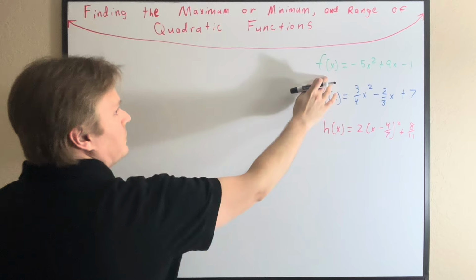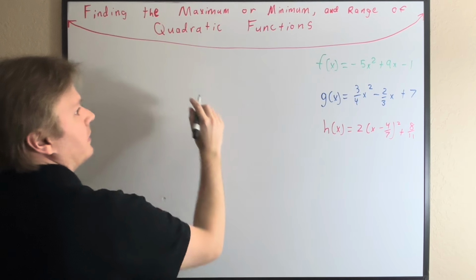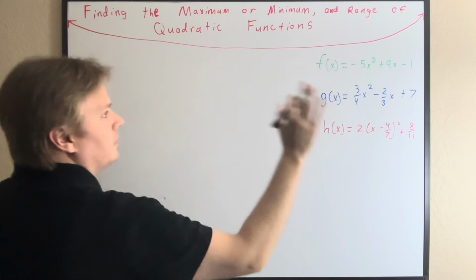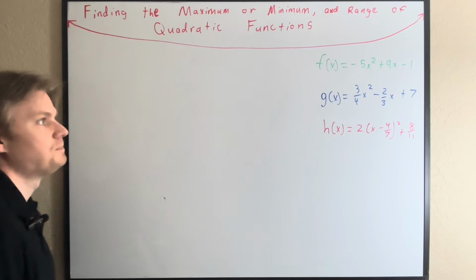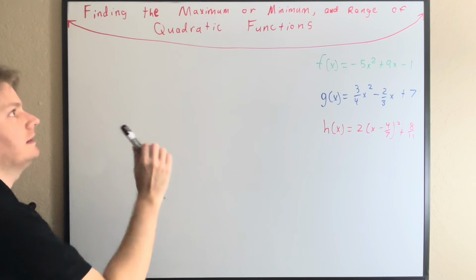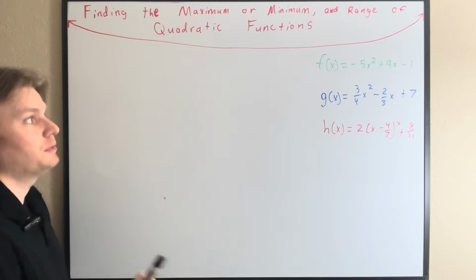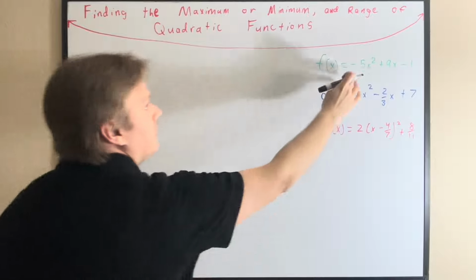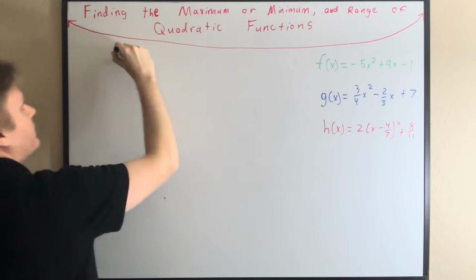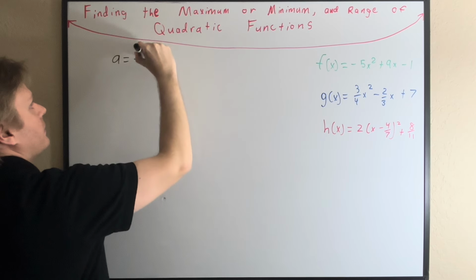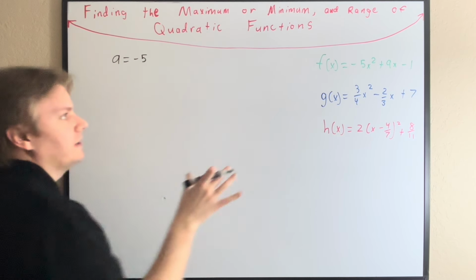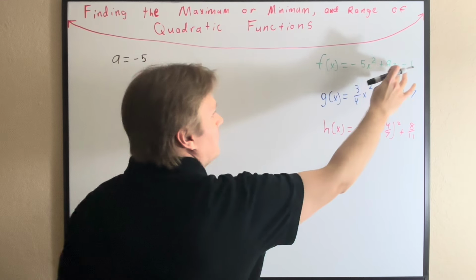All right, so for this green one, f of x, we have negative 5x squared plus 9x minus 1. Now, first thing you got to do when finding the maximum or minimum is determine whether you're looking for the maximum or the minimum. Well, a is negative 5. That comes from the standard form of a quadratic equation, ax squared plus bx plus c.